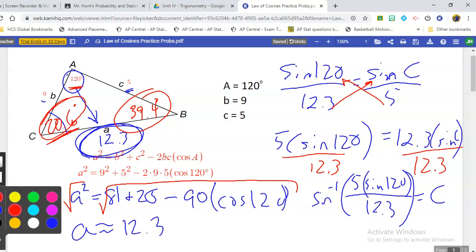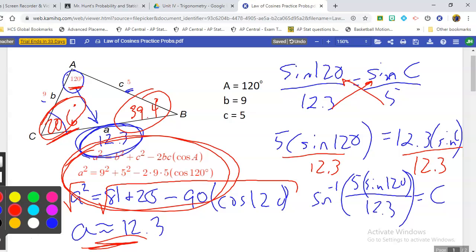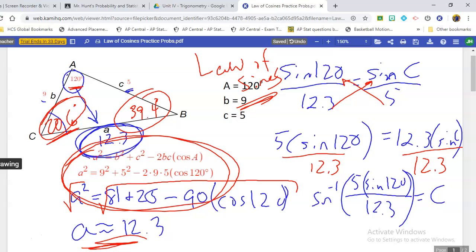So again, we do this work here with the law of cosines. We find one side, and then we just revert back to using the law of sines once we get all this in place. But you have to use the law of cosines first, because you can't use the law of sines with the relationship you're given.